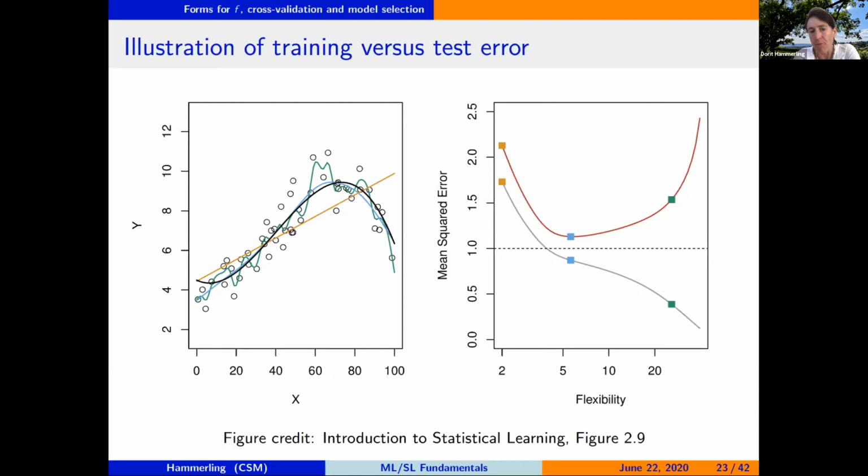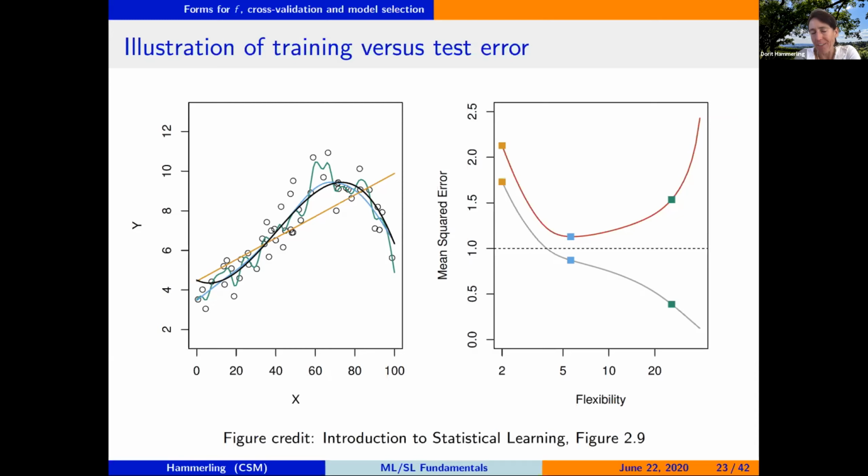So you can see the green model here, that's much more flexible, is on the very right end of that scale. And the 2 lines here, the red line is the behavior of your model on that test or validation data, versus the gray line is the behavior of your model on your training data.